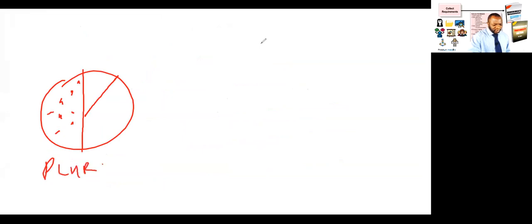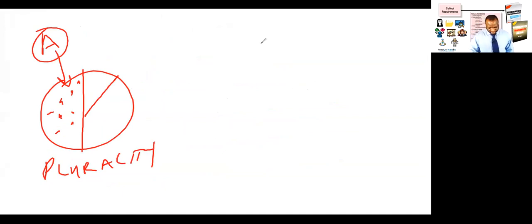This is not more than 50%, so it is plurality. And the largest block in the group, which I will label group A or block A, they make the decision because it's the largest block. So it could be a business unit, it could be a faction, whatever.